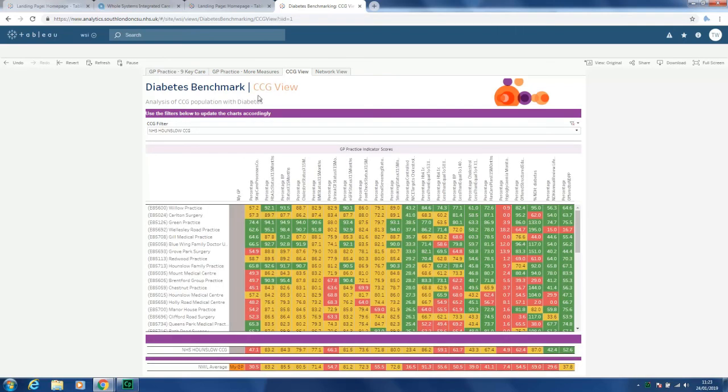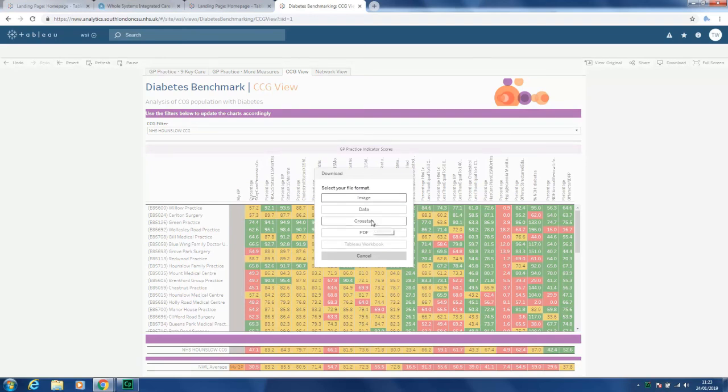So the last thing that I'll show you on this dashboard is how to download data. We're just going to click on this button here and then download, and what we'll select is crosstab.